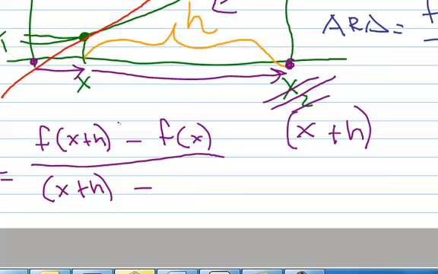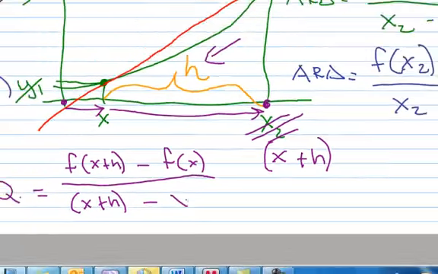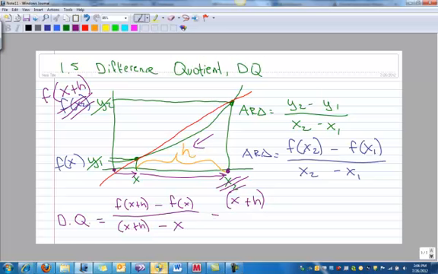And I'm going to subtract x sub 1, which is really just x. I can simplify this a little bit here. The numerator stays the same, but the denominator, I have x plus h minus x, so x minus x, those are gone, and I'm just left with h. And this is the difference quotient.